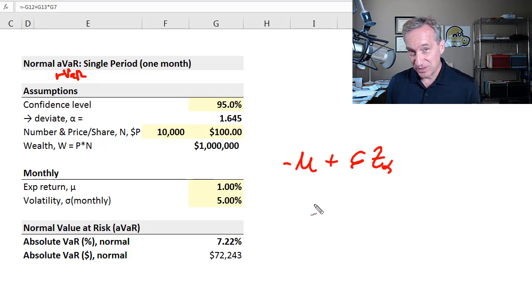And oftentimes we're doing a daily VAR, and it's fine to assume that the drift is so small on a daily VAR that it is 0, and there's no difference between the absolute and relative VAR. That's why on a question that concerns a daily VAR, we don't really worry about the difference. But just to remind, by absolute VAR, it means I'm being very complete and thorough and including the drift here, which is an offset to this shocked volatility, which is after all the risk.